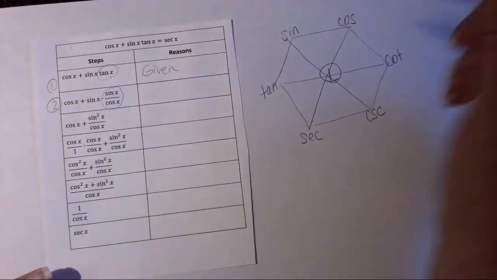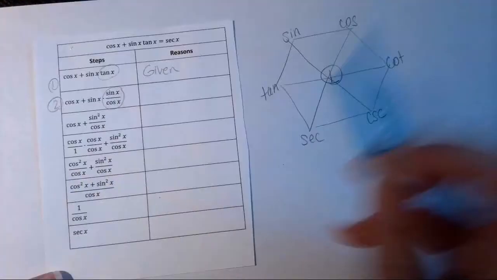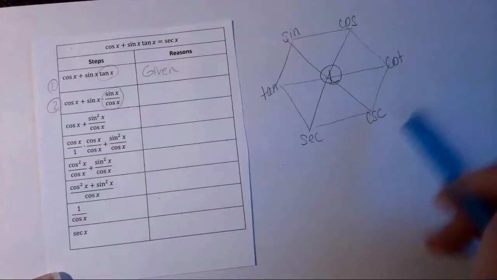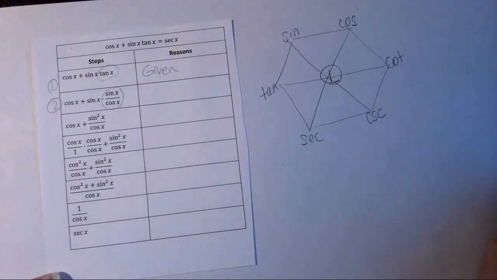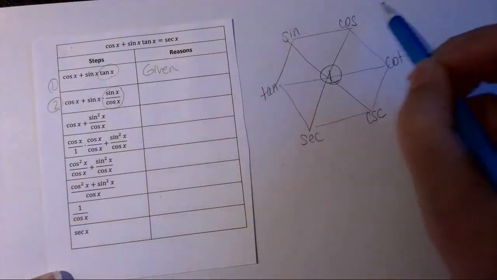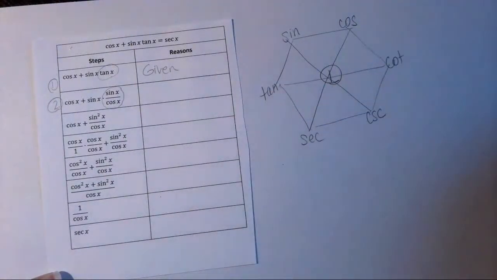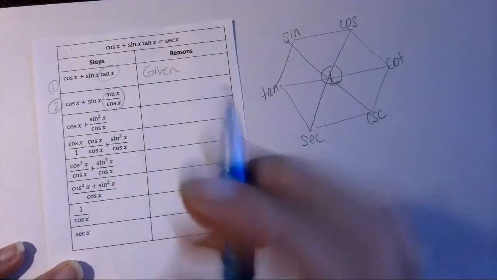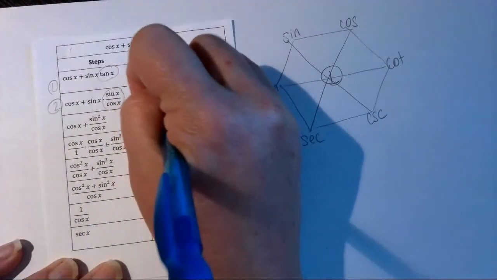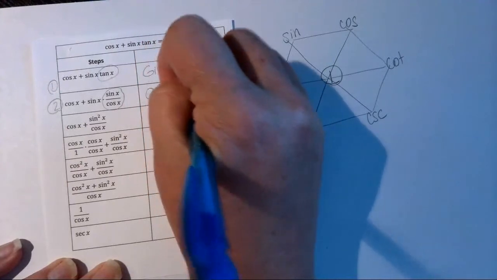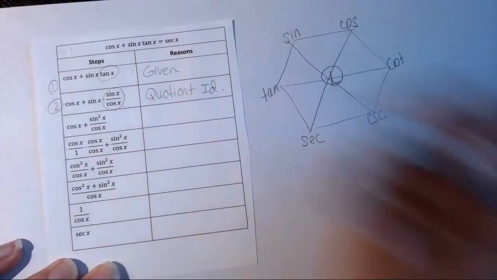So if we start at tangent and go counterclockwise around the circle, tangent is equal to secant divided by cosecant. If we go clockwise around the circle, tangent is equal to sine divided by cosine. And that's what we have here. Tangent is equal to sine divided by cosine. So that reason would be a quotient identity.